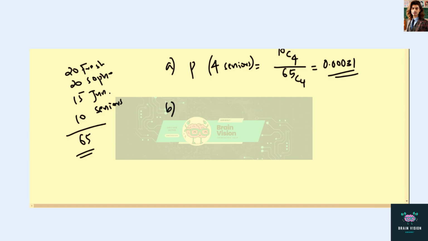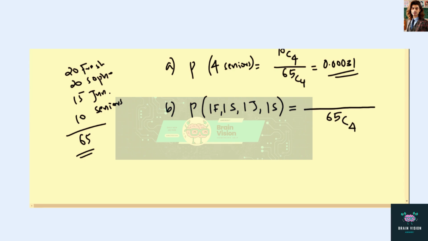In the second part of the question, it is asking the probability that there is 1 freshman, 1 sophomore, 1 junior, and 1 senior. How many ways can we select? Again, the total number of ways we can select 4 people is 65C4.